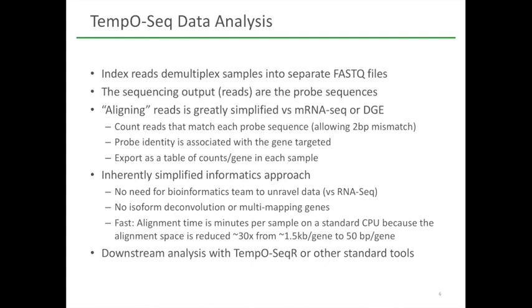Each of those FASTQ files that represent the raw data from each of the samples are, in essence, barcodes that indicate the presence of each of the molecules of, in this case, RNA that were targeted by the assay. The alignment step is greatly simplified compared to other methods because you're only sequencing the assay product itself, and you're not simply shotgun fragment sequencing all input material that could be present in the assay.